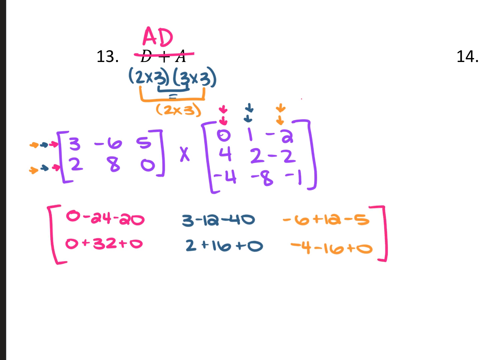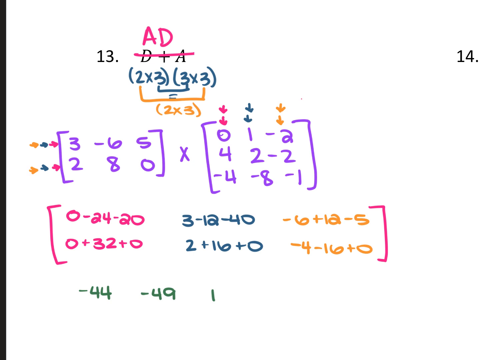So we're just going to simplify this now. You have 0 minus 24, which is -24. Minus 20 is -44. Then you have 3 minus 12, which is -9. -9 minus 40 is -49. Then you have -6 plus 12, which is 6. 6 minus 5 is 1.